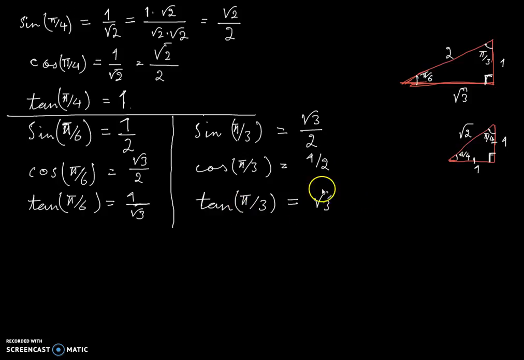You could also calculate this using the sine by cos formula. So tan pi by 3 would be equal to sine pi by 3 by cos pi by 3. Root 3 by 2 divided by 1 by 2 would simply be root 3.